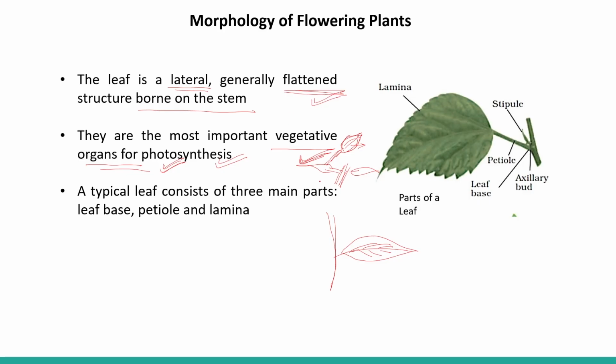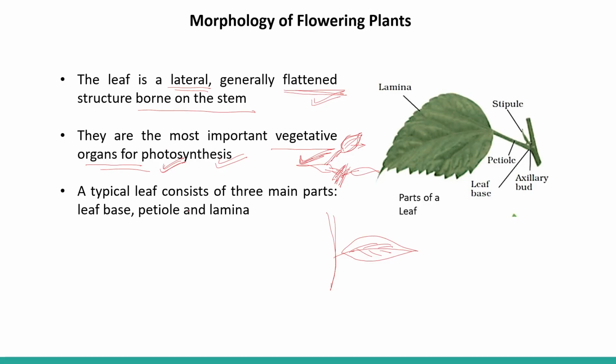But their major function is to hold these parts of the plant in such a way that the leaves get proper sunlight. Apart from this, they also do photosynthesis when they are green, basically when the plant is in the form of a herb or shrub.